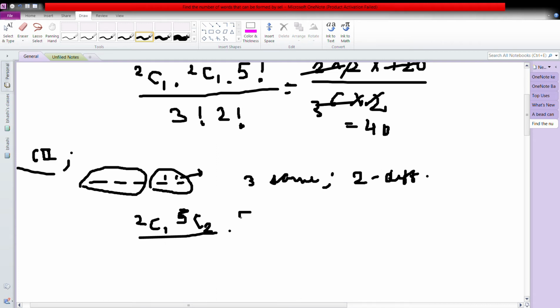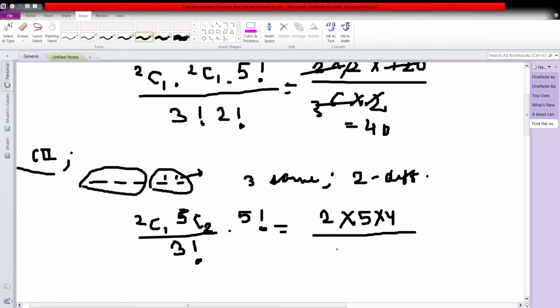Okay, so we can shuffle the letters out here. So we put 5 factorial, and since they are repeating, we divide by 3 factorial. We know 2C1 is nothing but 2, and 5C2 is 5 factorial divided by 2 factorial divided by 3 factorial.